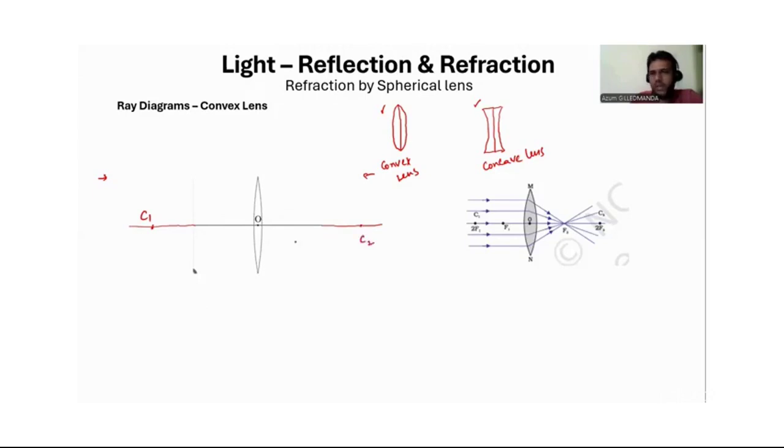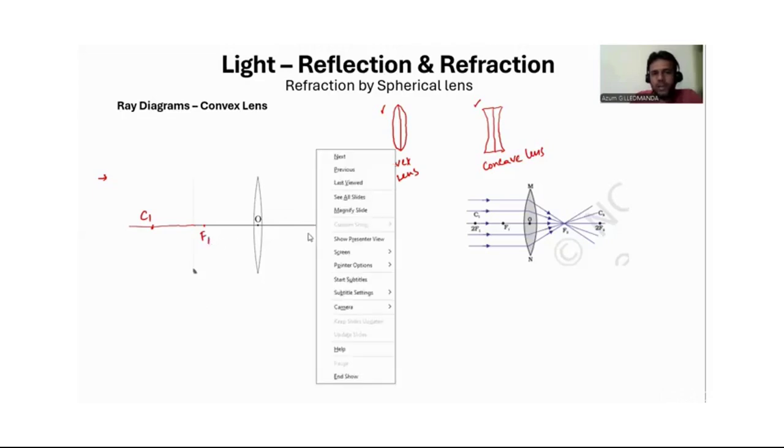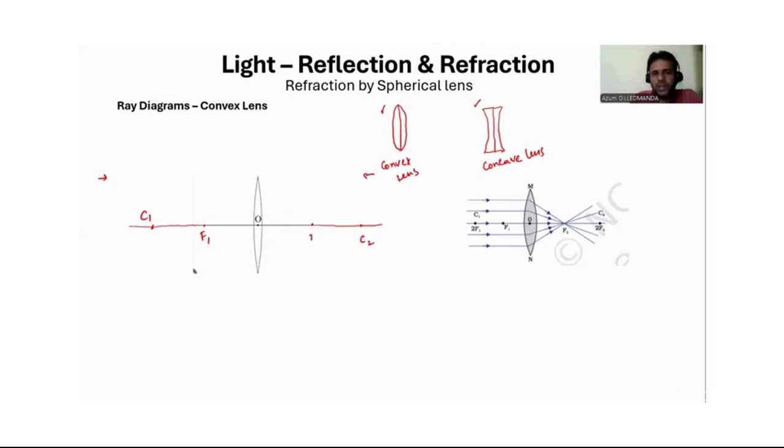Both should be at the same distance from the center. Now, in between, there is a focus point, that is F1, and on the other side, there is a focus point, that is F2. So compared to a mirror, the only difference here is you will have two centers on either side.